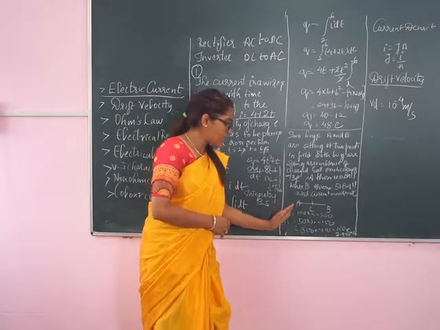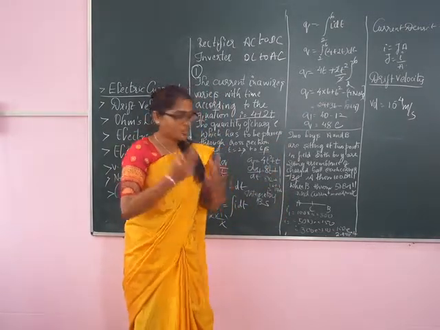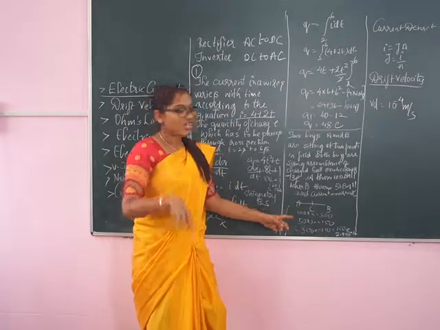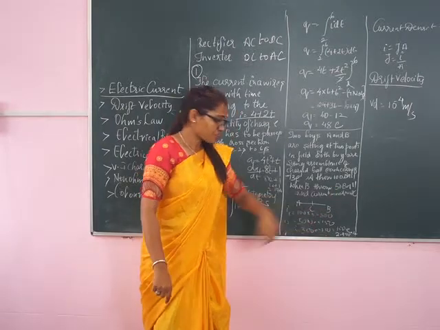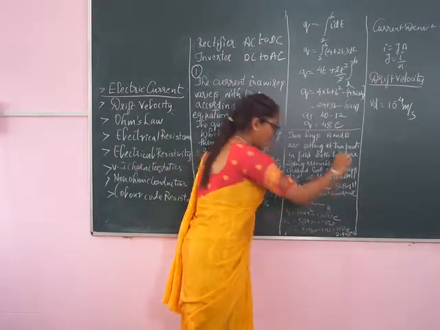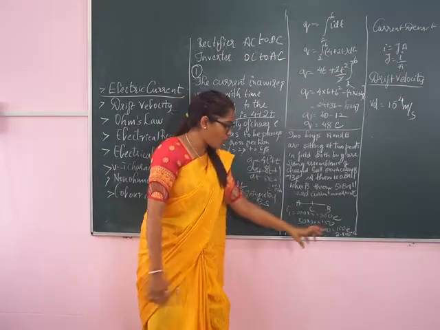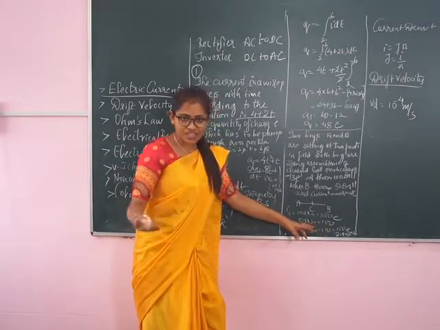From A, he throws 100 charged balls, and each ball is considered to carry 3 electrons. So 100 into 3 gives 300 electrons. Coming to B, he throws 50 into 3 electrons.